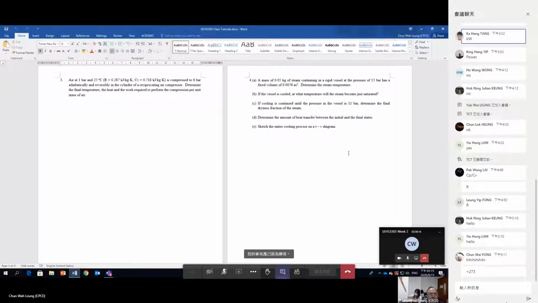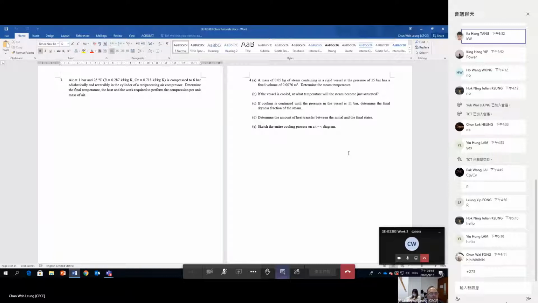Because the 25 plus 273, that gives you 298 K. Okay, so and then it is compressed to 6 bar. 6 bar again, change it into 600 kPa. So now P1 equal 100 kPa, T1 equal 298 K, P2 equal 600 kPa.